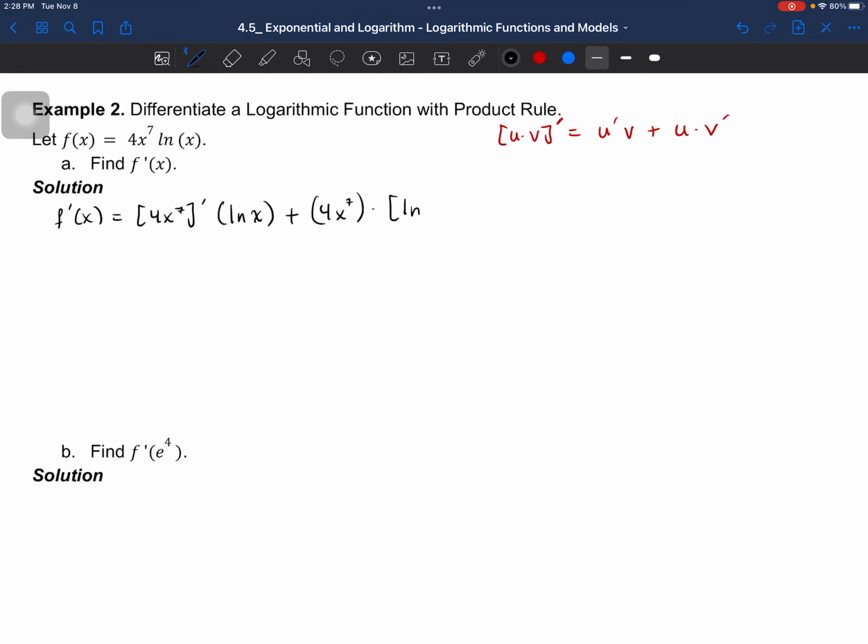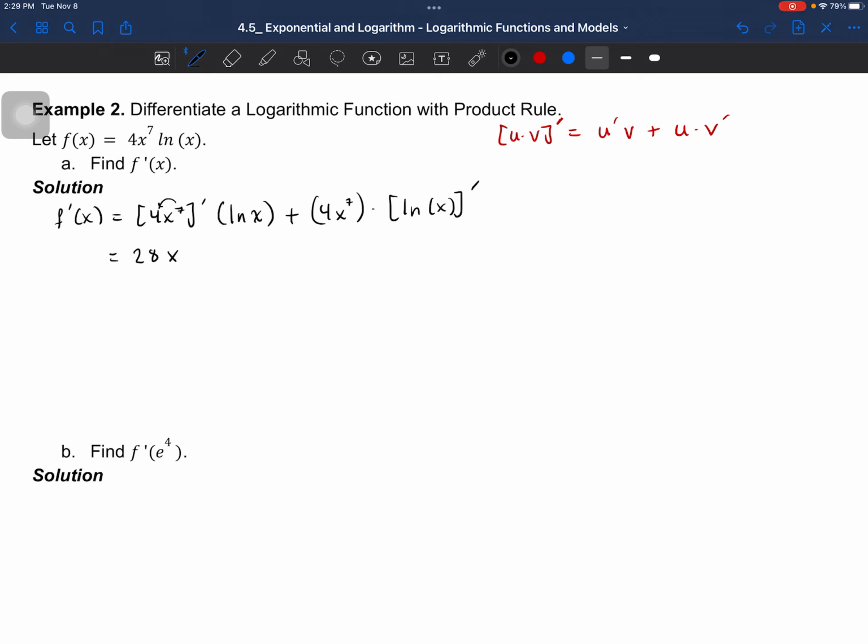So we'll take the derivative of the first and then multiply by the second one, plus now the first one by itself, times the derivative of the second one. By doing this, we already applied the product rule, and we don't have to worry about the product rule anymore.